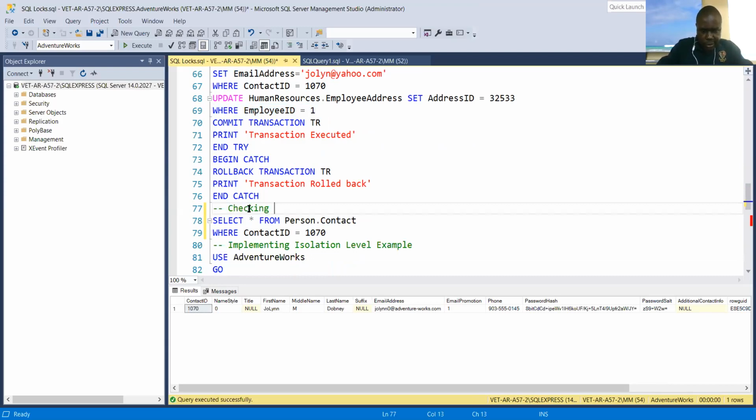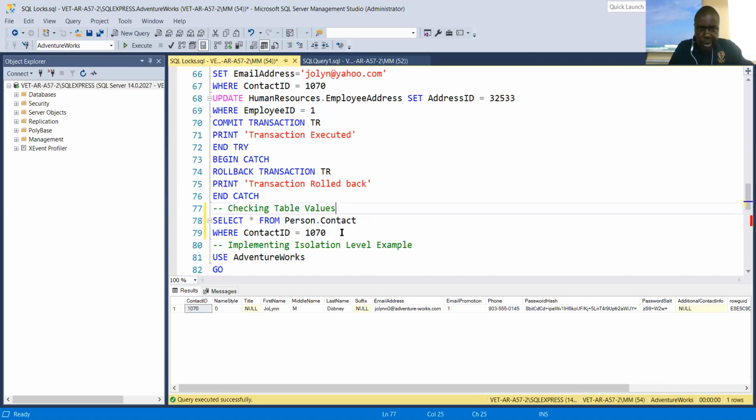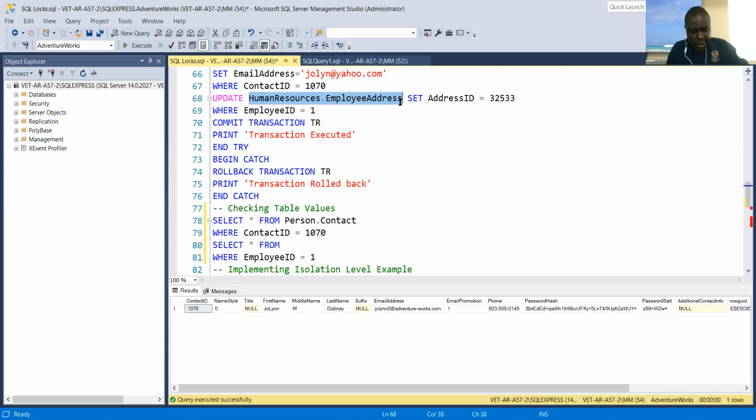Checking table values. So this one is select from human resources address.